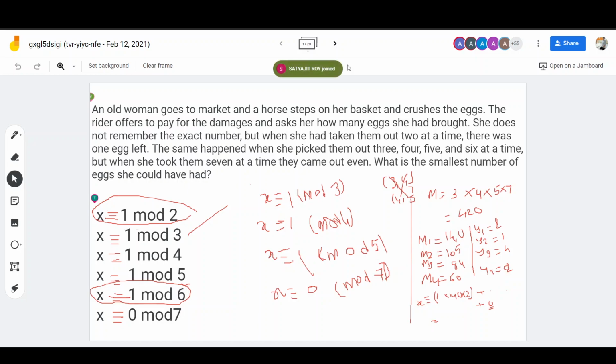So this is going to be 721 mod 420. So what is the final remainder value here? The remainder value is going to be 301. So the number is 301.